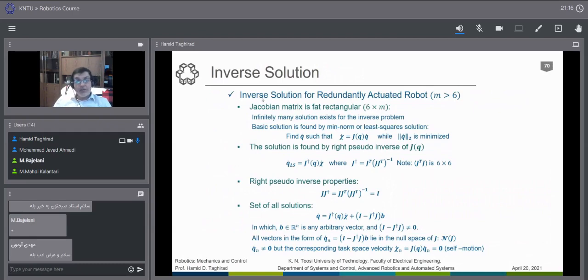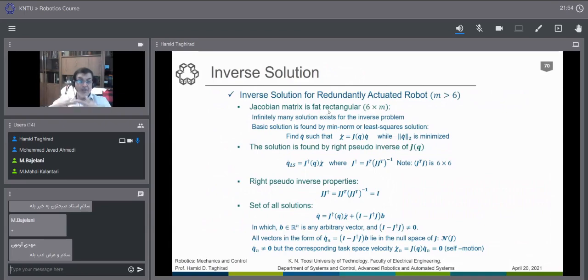For such a system, where the number of actuations or joint variables exceeds the number of task variables, if Q is greater than X, the dimension of Q is greater than the dimension of X, this robot has more degrees of freedom than the usual 6 degrees of freedom in the task space. And the Jacobian matrix is a fat rectangular.